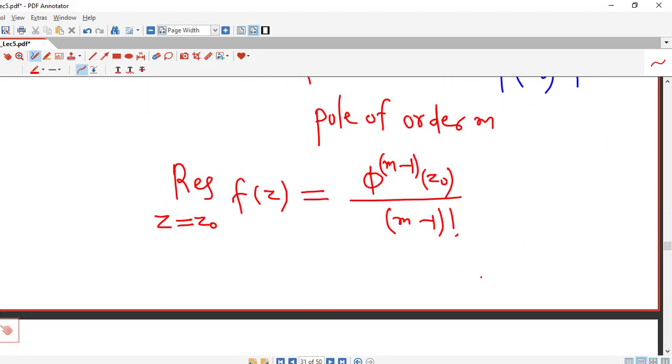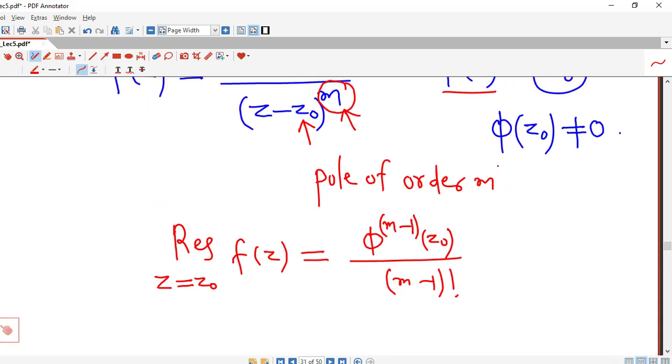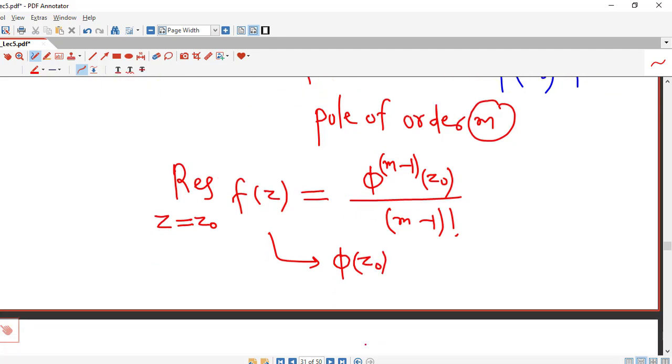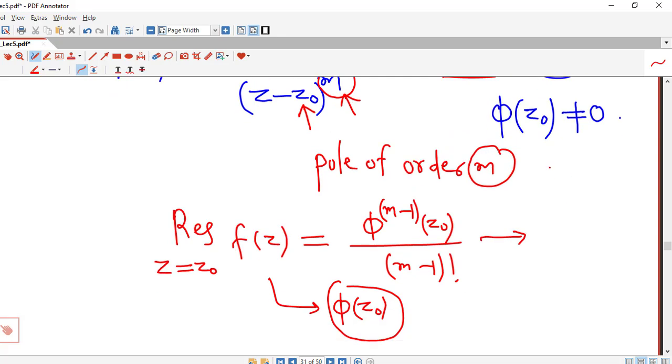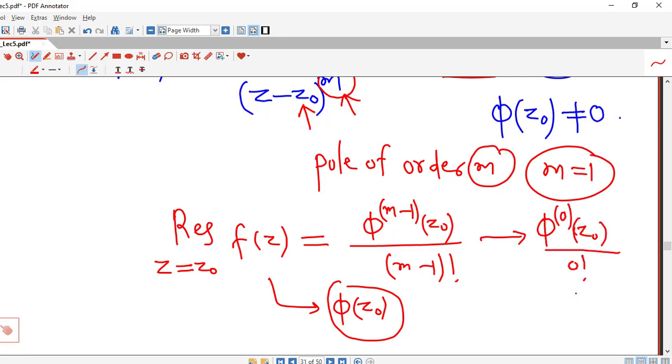And if we have simple pole, if order of pole is 1, then residue will become value of function phi at z equal to z0. So residue of f of z at simple pole is nothing but value of function phi at z0. That we can see from this also. If z0 is a simple pole, we have m equal to 1. So if we put m equal to 1, we have 0 derivative of phi divided by 0 factorial. 0 derivative of phi means function phi itself, and 0 factorial is 1.